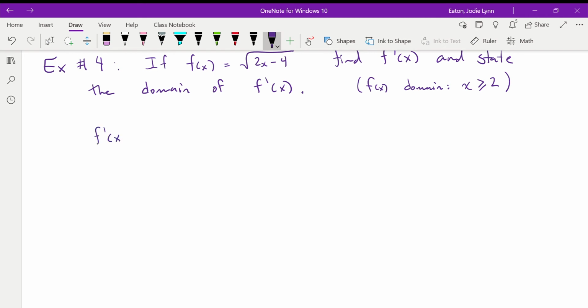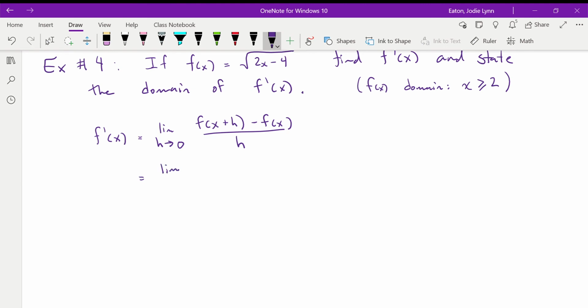So f prime of x equals the limit as h approaches 0 of f of x plus h minus f of x over h. So we're going to plug in our specific function now.